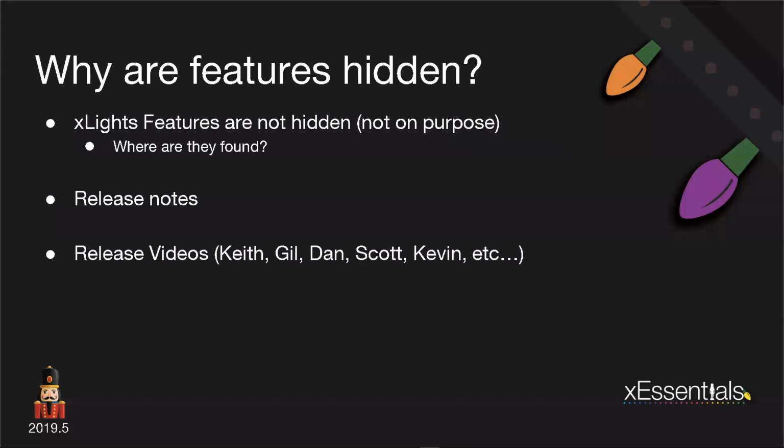The biggest way to find information is to look at the release videos done by Keith, Gil, Dan, Scott, and Kevin. Any of the developers, they're the ones who physically write the program. The other side of the coin is videos made by software users, like the ones I've done or a number of other people.